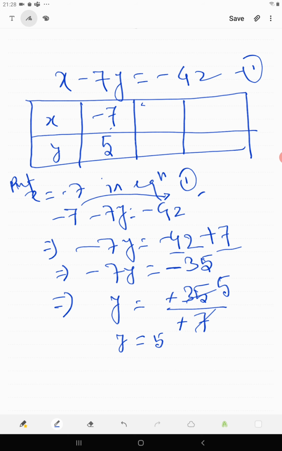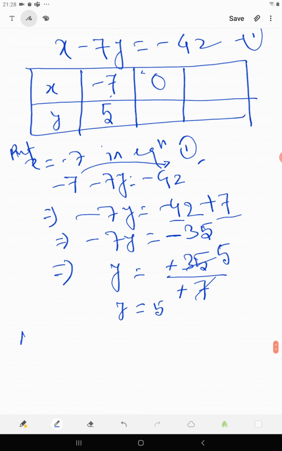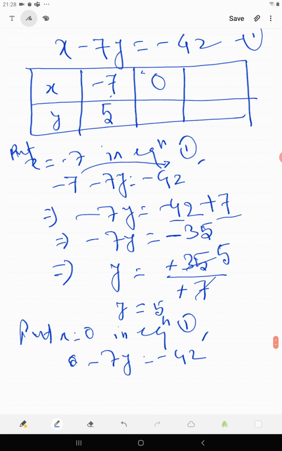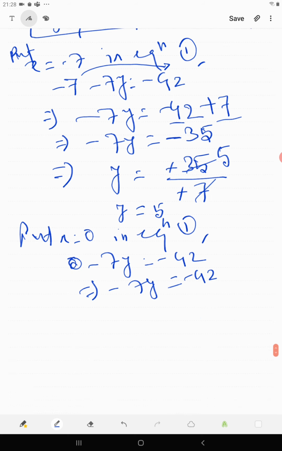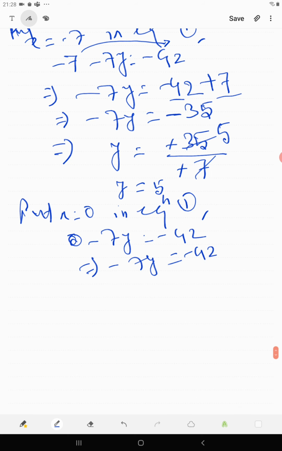Now take x as 0. Put x equals 0 in equation 1. So what will we get? x is 0, so 0 only, then minus 7y equals minus 42. 0 doesn't add any value; if you add or subtract 0, it will be the same thing.